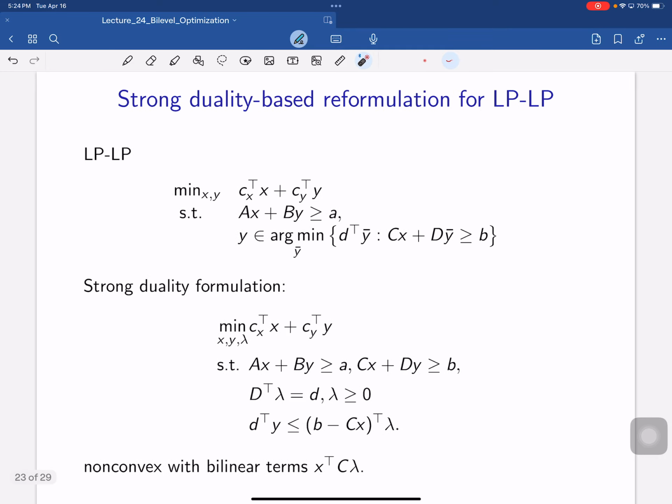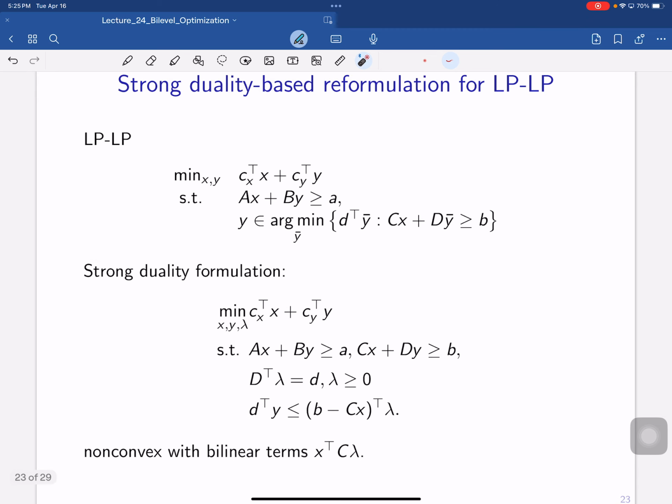And there's another type of reformulation, very similar to the KKT reformulation, where you can use the strong duality condition rather than using the KKT conditions, right? So instead of using the complementarity condition, you can enforce this constraint. This basically says the objective of this primal problem equals the objective of the dual problem, right?